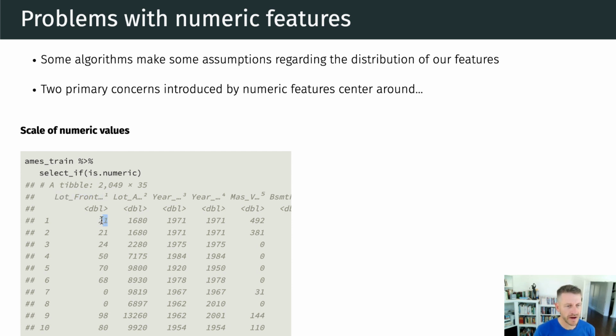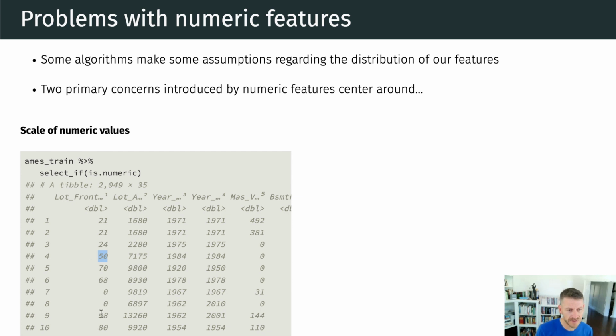So we have values of 21, 21, 24, 50, and so on. However, we also have the total lot area, which is much larger because lot frontage is just the measurement of basically the beginning of your lot, which is not going to be that big. But when you take the lot area, you're taking the entire area that the house resides on. And this can be much bigger naturally.